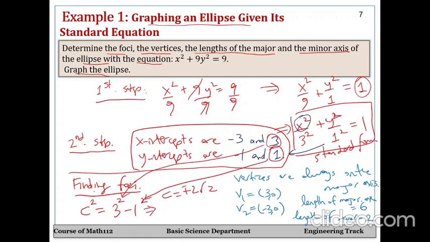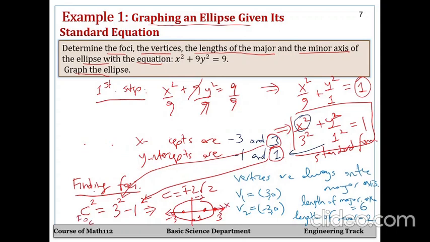And then where are the foci? The first focus and the second focus. We know it has to be here, like 3, -3, 1, -1. So the foci have to be on the x-axis. It's better to write here maybe.